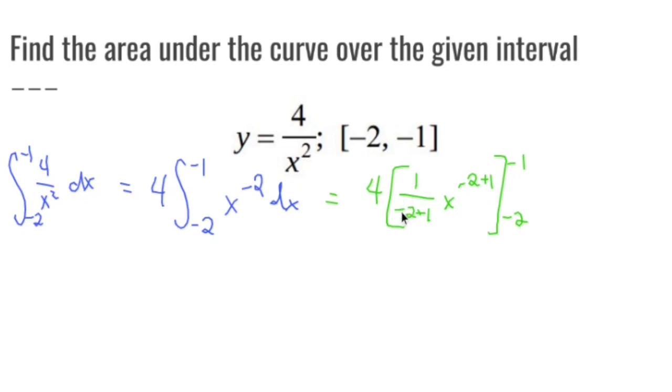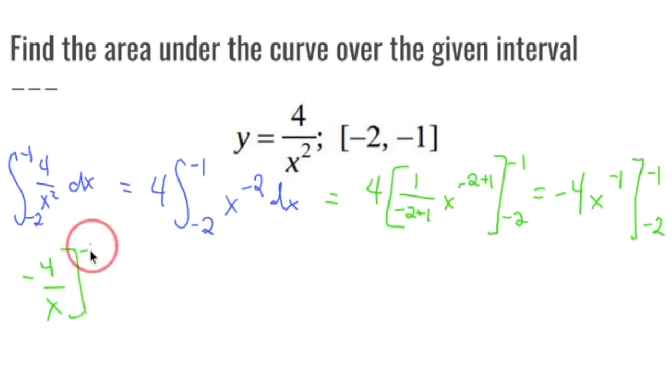So we got 1 over -2 plus 1, which is 1 over -1, which is -1, and -1 times 4 is -4, x to the -2 plus 1, which is -1. Let's just rewrite this one more time before I use the fundamental theorem of calculus as -4 over x, limits being -1 and -2.